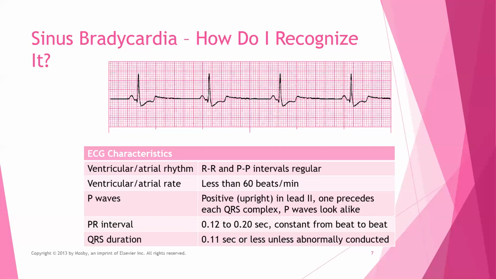It's less than 0.11. Remember, we start at the beginning of our Q, and we stop measuring when we start to see a horizontal line. Sometimes it's hard to see where you stop measuring. But in this case, as we come down, we have a small Q, come up to a big R, come down to S, and then that ST segment starts almost immediately right there.